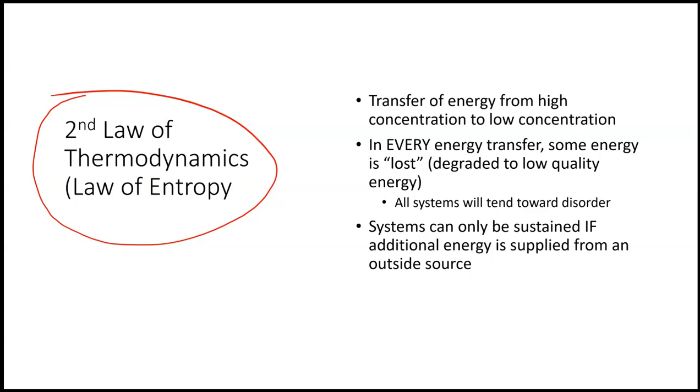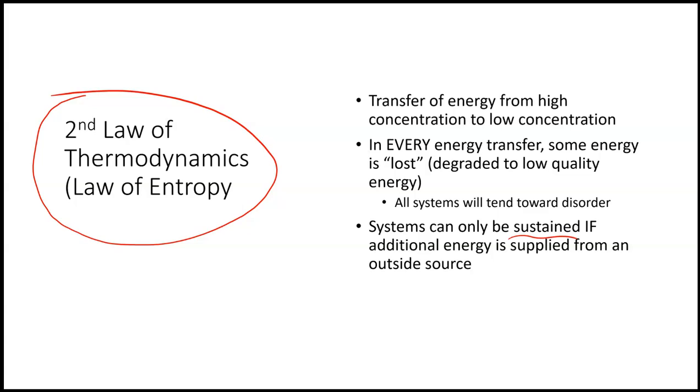Because of the 10% rule, because in every single transfer, anytime I try to use energy, some of the potential energy is not used and kept organized. Some of it degrades and becomes dispersed and really just becomes not so usable anymore. Systems are organized. Systems require a constant input of high quality energy.